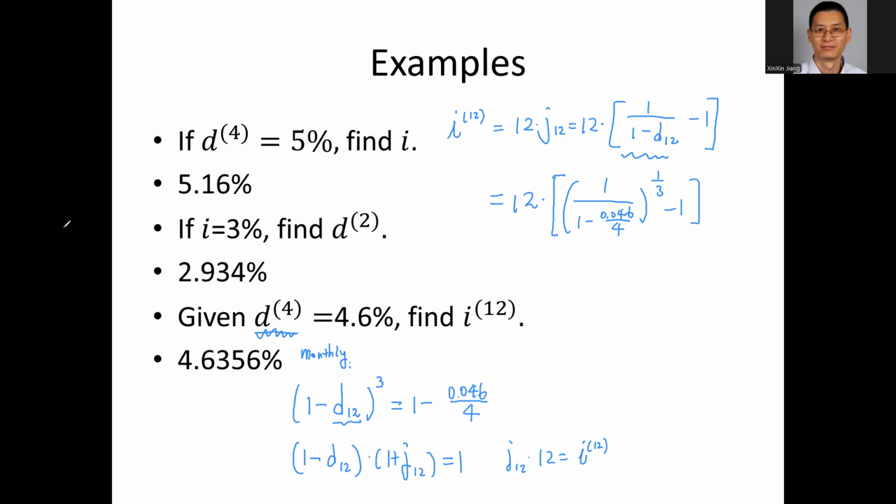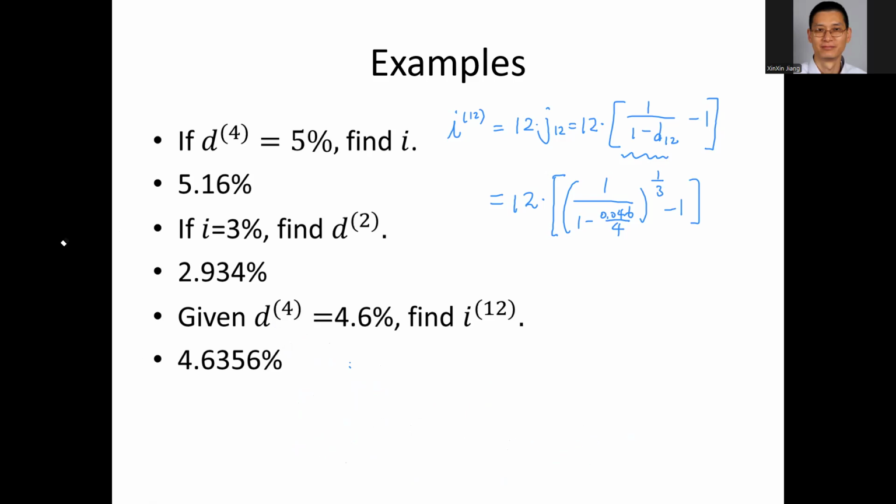All right. Let's work with quarterly to see if we can match these two formulas. So we're going to work with the quarterly effective discount rate and effective interest rate. Okay, both are quarterly. So I have 1 minus D4 over 4, so 0.046 divided by 4.